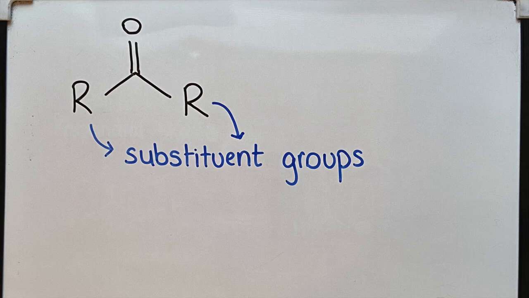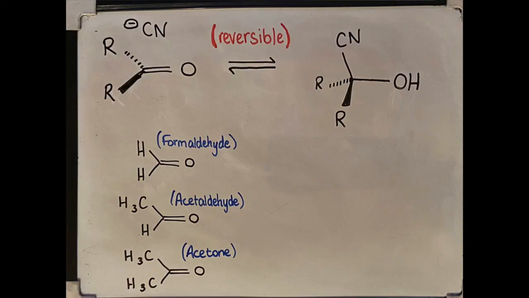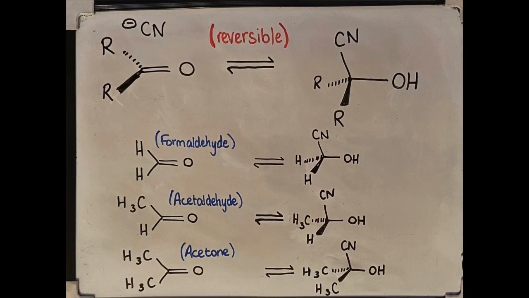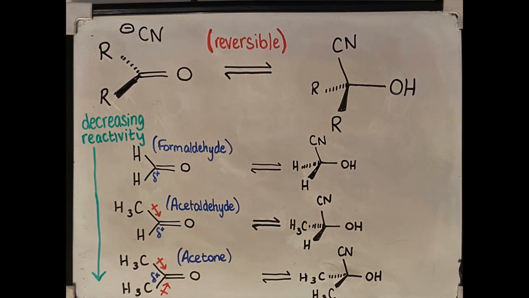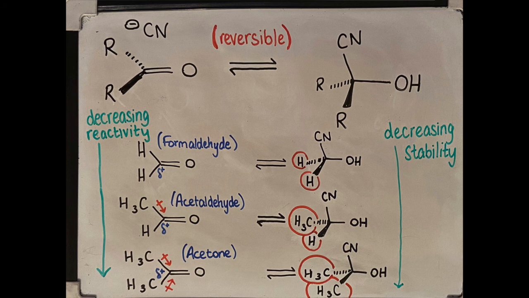This depends on the nature of the substituents and what we discussed earlier in this video. Consider the starting materials and their cyanohydrin addition products. Reactivity decreases from formaldehyde to acetone as a result of the inductively donating methyl groups. Stability of the products decreases from formaldehyde to acetone as a result of steric clashes between the substituents.